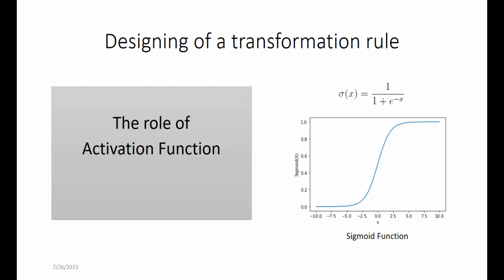The role of this activation function is basically to create that transformation so that we can design such a mapping efficiently. What you can see in this slide is an example of an activation function, a sigmoid function, whose mathematical expression is 1 upon 1 plus negative exponential. There are several activation functions available, but the way we develop the transformation rule using the sigmoid function, we can do in a parallel way using any other activation function.